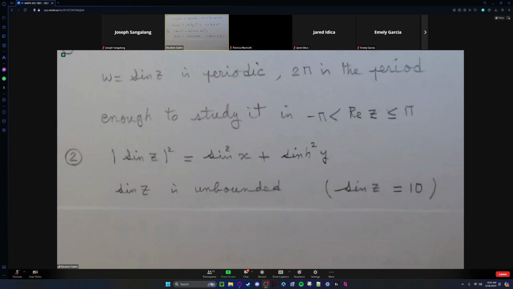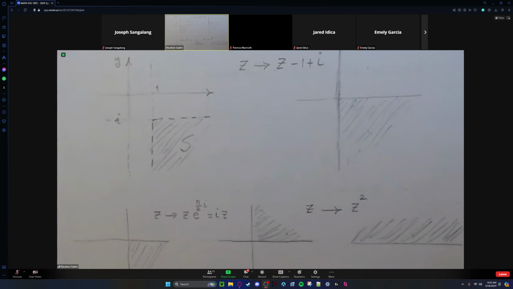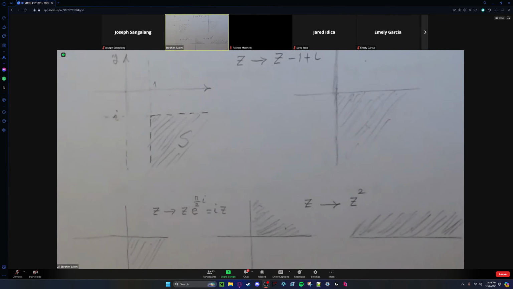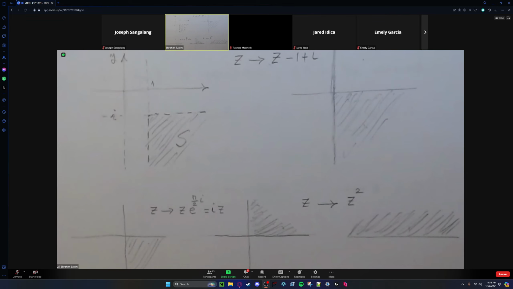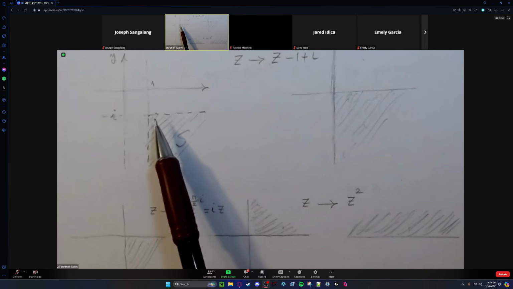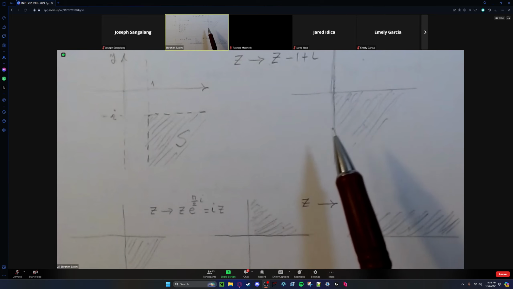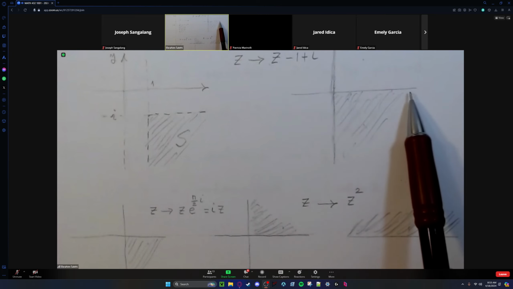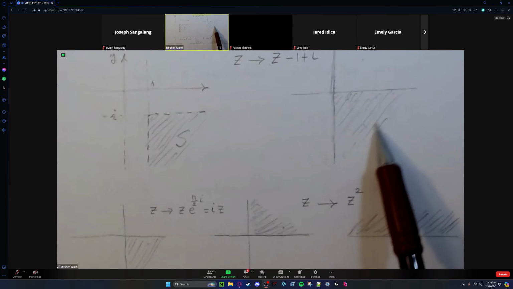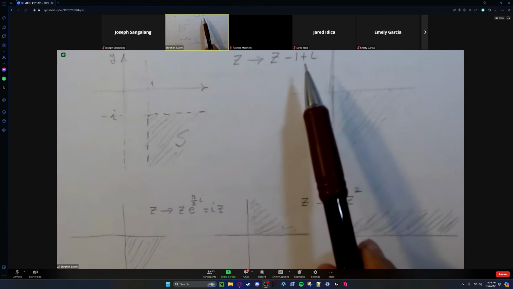Okay, Brandon has a question here. Let's see, it's talking about the previous one. The first move is this one. The second move, we want to rotate this, a combination of rotation and this move.